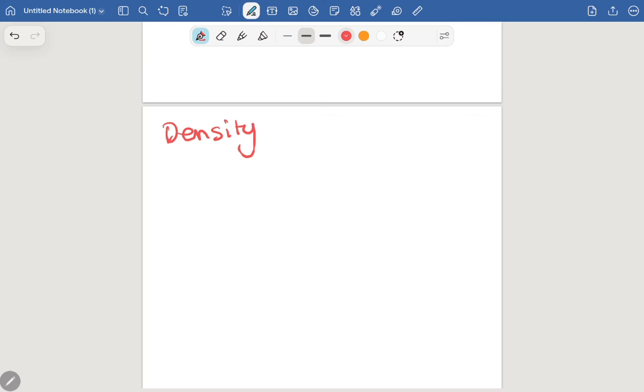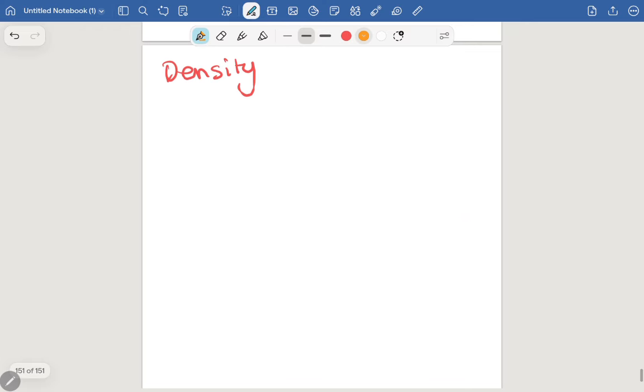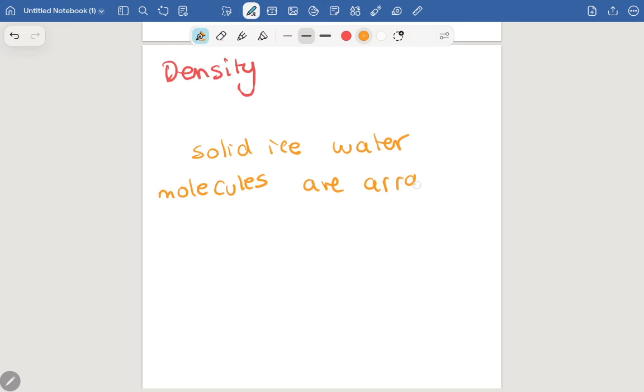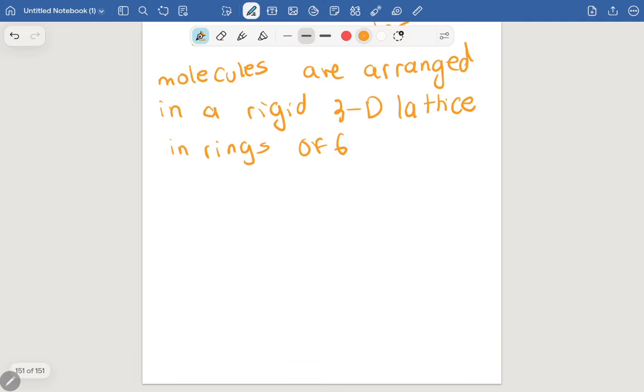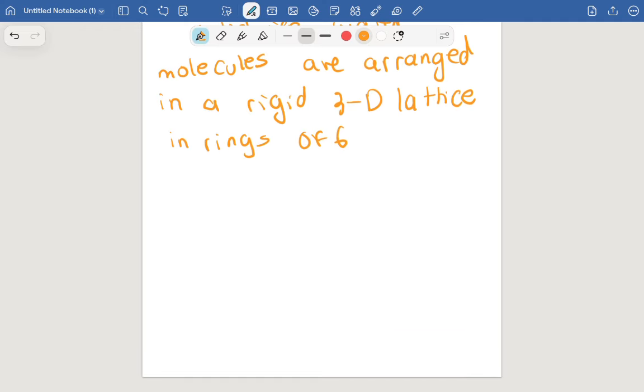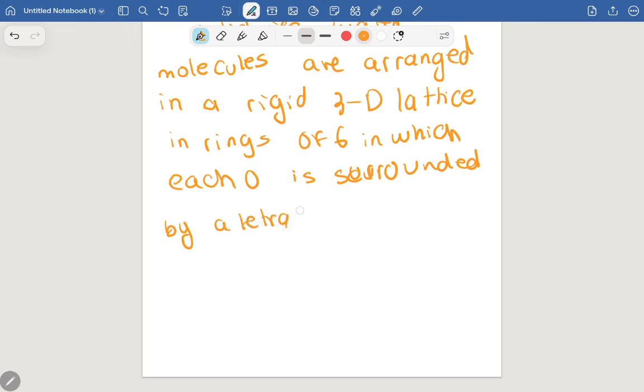Well, very simply, in solid ice the water molecules are arranged in a rigid 3D lattice in rings of 6, in which each oxygen is surrounded by a tetrahedron of hydrogen atoms.